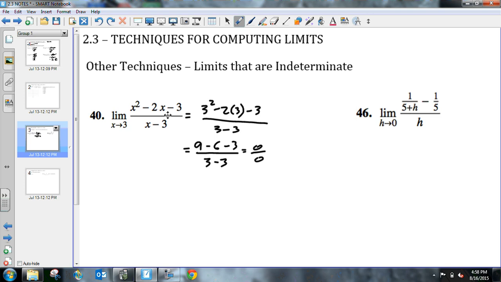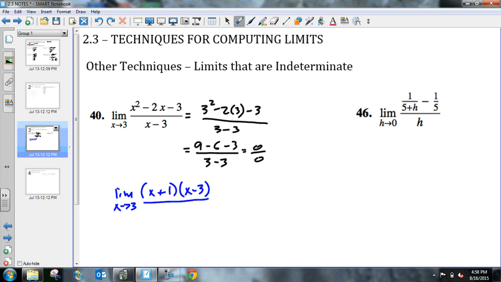Now when I look at this numerator here, I see that it's a quadratic, and I think that we can factor that. So I'm going to write the limit as x approaches 3 of, what does this factor to? What two numbers add to -2 and multiply to -3? So it's going to be 1 and 3, so I get x plus 1, and then I get x minus 3.